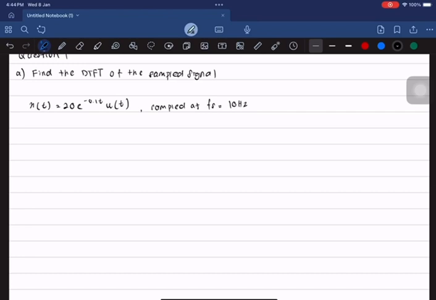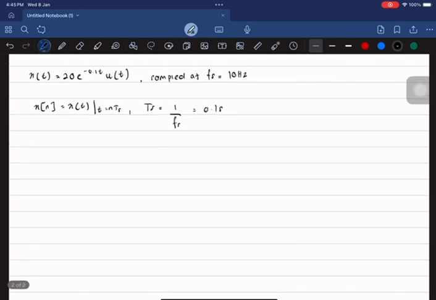The given signal is x(t) = 20 exponential of minus 0.1t u(t), and the sampling frequency fs is 10 Hz. For your information, u(t) is a unit step function. Next we write the sampled signal, which is x[n] equals x(t) at t equals nTs. The sampling period Ts is 1 over fs, which equals 0.1 second.